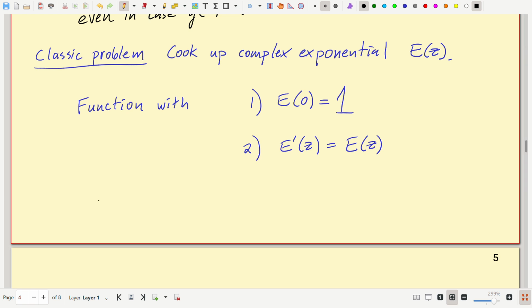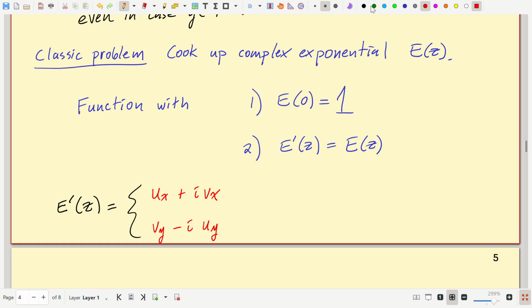So let's write, we've got red box number 1. E prime of z is red box number 1. If I write u plus iv, it is du dx plus i dv dx, and dv dy minus i du dy.